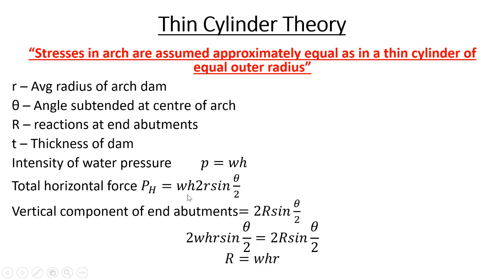The distance is L by 2 plus L by 2, so you get 2r sine theta by 2. That is the projected length in terms of theta, and if we consider a unit width of the arch dam that we are analyzing, then the area is this projected length into unit width 1.